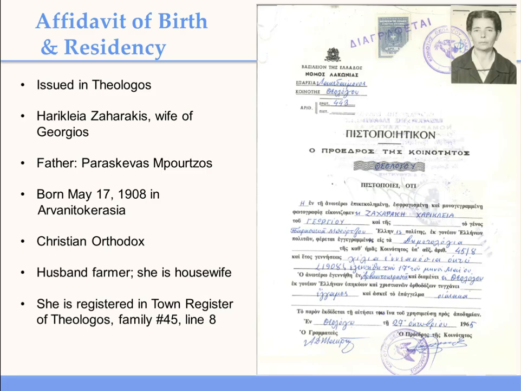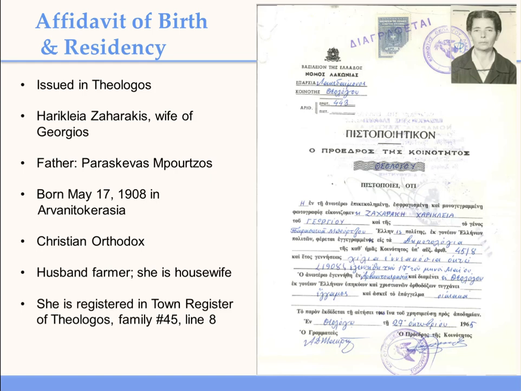Some of the other documents that I have found in other alien registration files are wonderful documents from Greece, such as this one. This pistopitiko is an affidavit of birth and residency for the village of Theologos. It was issued to Hariklia Zacharakis, who was the wife of Yorgos. It gives us her father's name, Paraskevas Bourtsos.